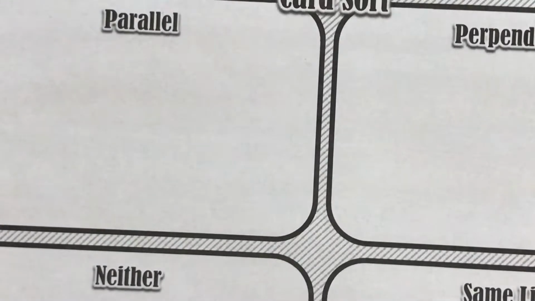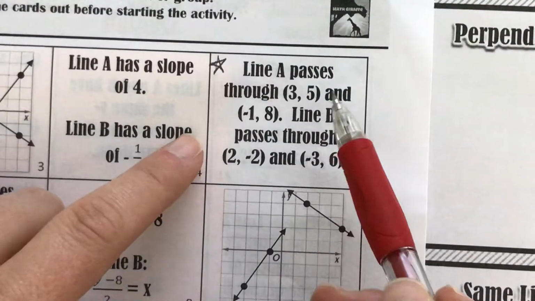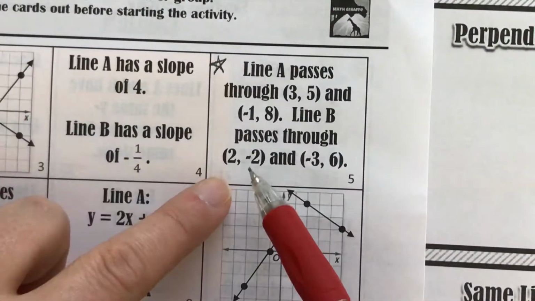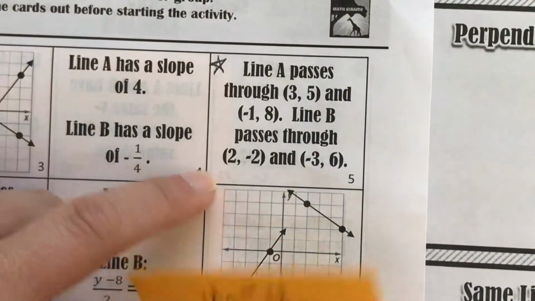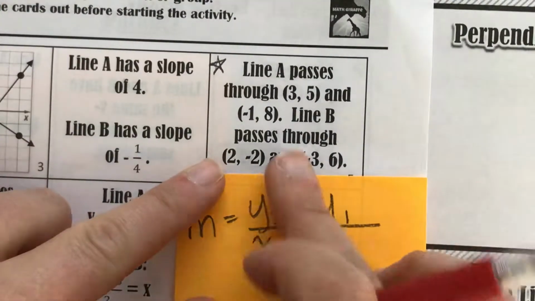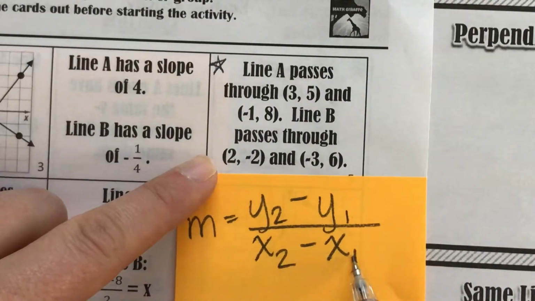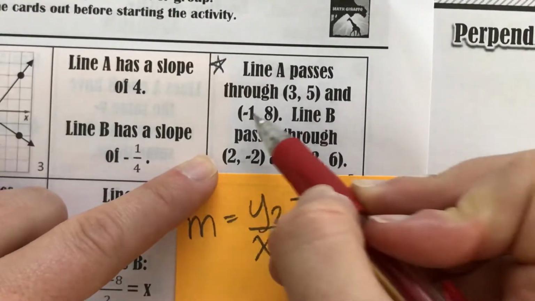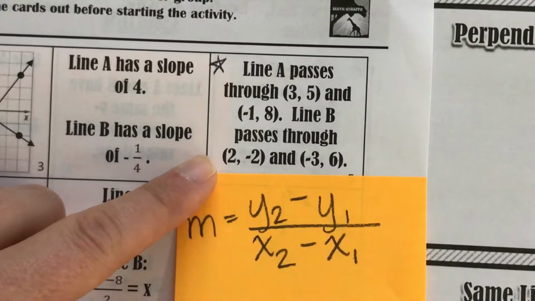Sometimes they will just give you coordinates of the line. So like this situation gives you, hey, line A passes through these 2 points, line B passes through these 2 points. Again, slope is where we get parallel and perpendicular from. So in this situation, you would actually have to use y2 minus y1 over x2 minus x1, plug in, so actually substitute in your numbers for both situations and see how those slopes compare.